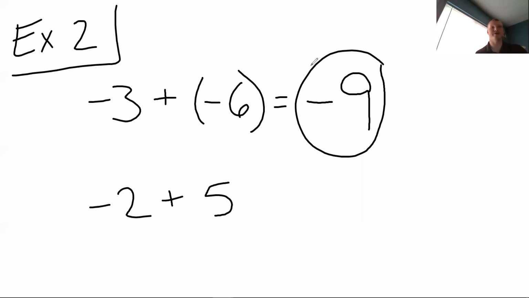If my negative number is bigger, so instead I have -5 plus 2, it's still going to be negative. Does that make sense, Madeline? Yeah. Logan, you good? Ellen? Good? Okay. That's all we have for example 2.